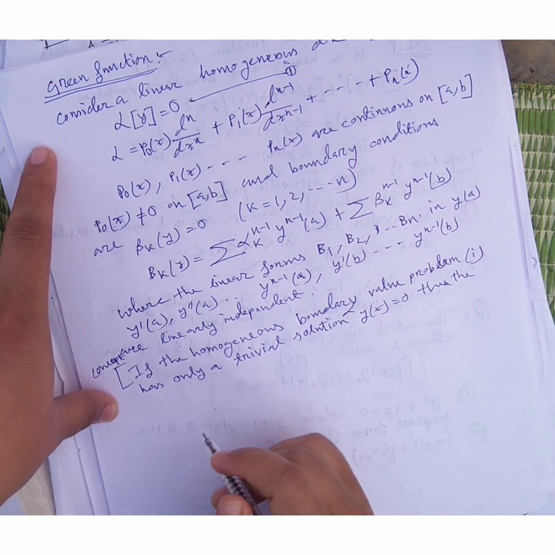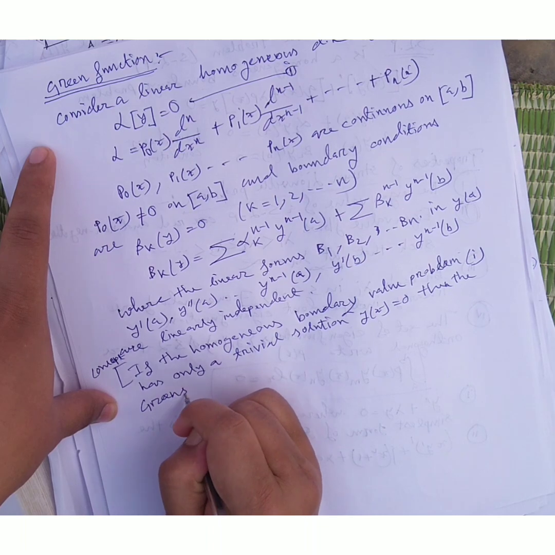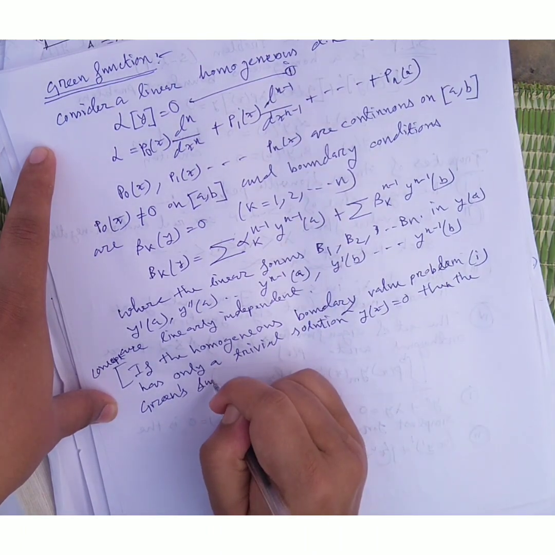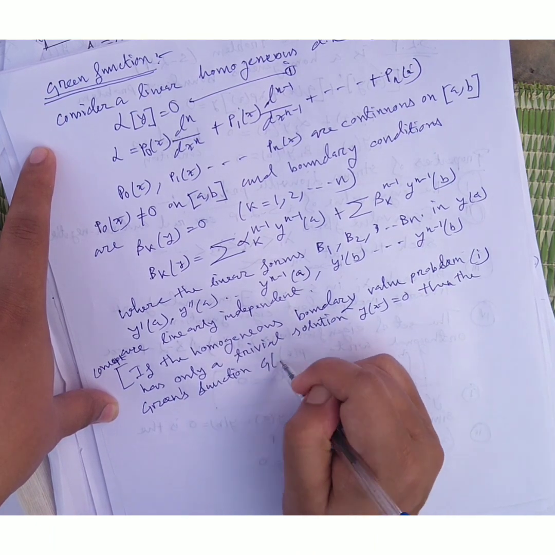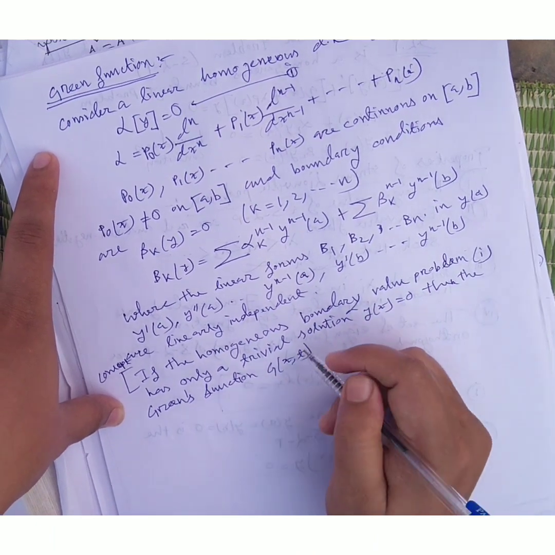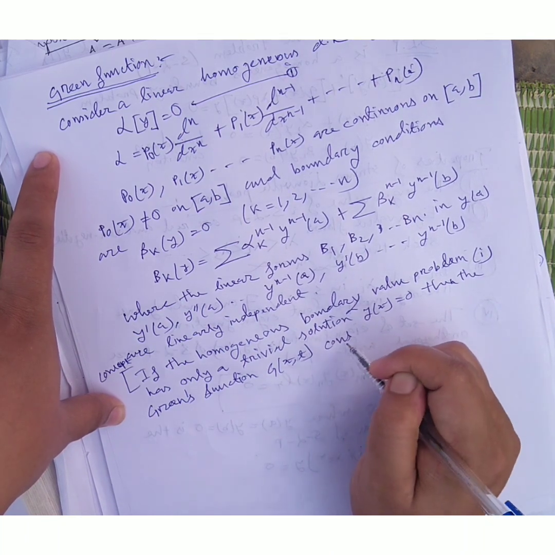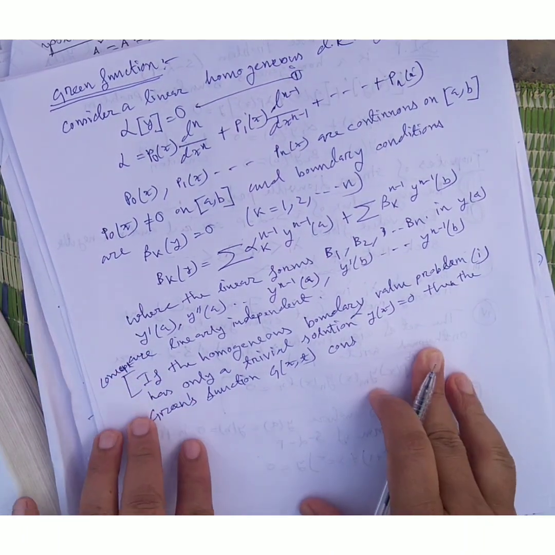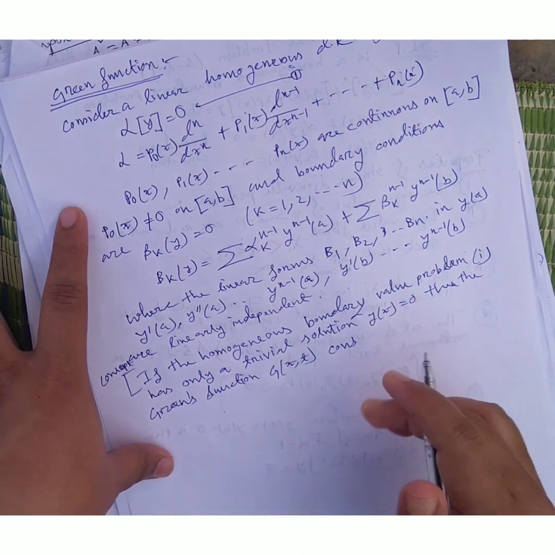the Green's function G(x, t) is constructed. Okay, the condition for Green's functions: the boundary value problem must have a trivial solution.